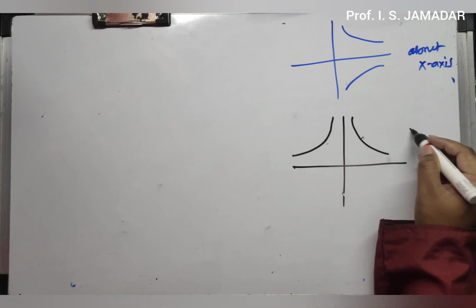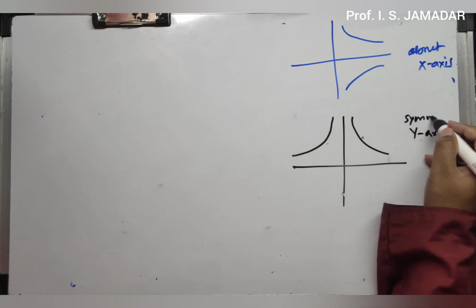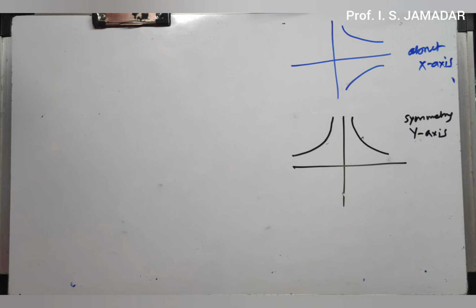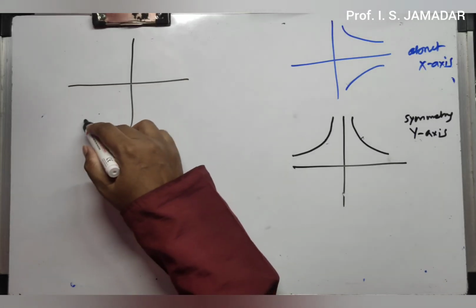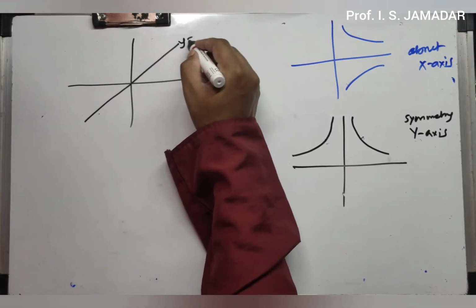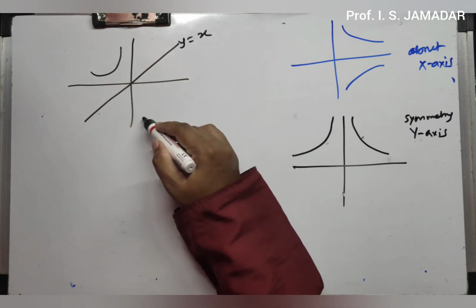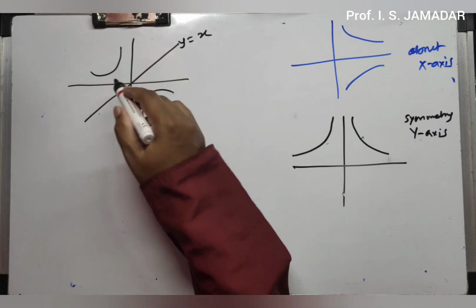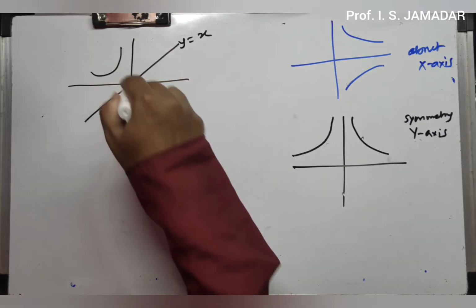This curve is symmetric about the y-axis. Next, let us consider the symmetry about the line y equal to x. This is the line y equal to x. Now if the curve is like this, you can say that this curve is symmetric about the line y equal to x, and also symmetric in opposite quadrants.